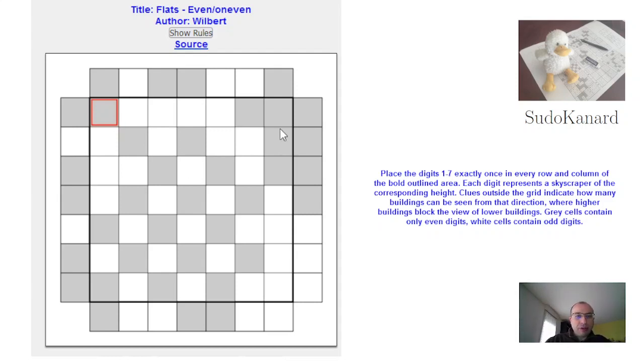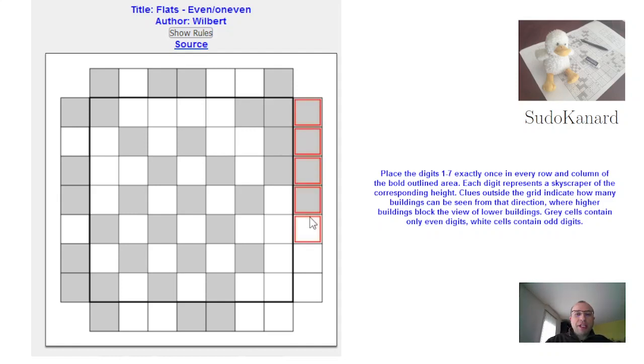Namely, you have the usual rules of skyscrapers, which means that all digits should be interpreted as the height of some building, and every building blocks from view the smaller buildings, and numbers in the margin are the numbers of buildings that can be seen, taking into account the blocking factor.